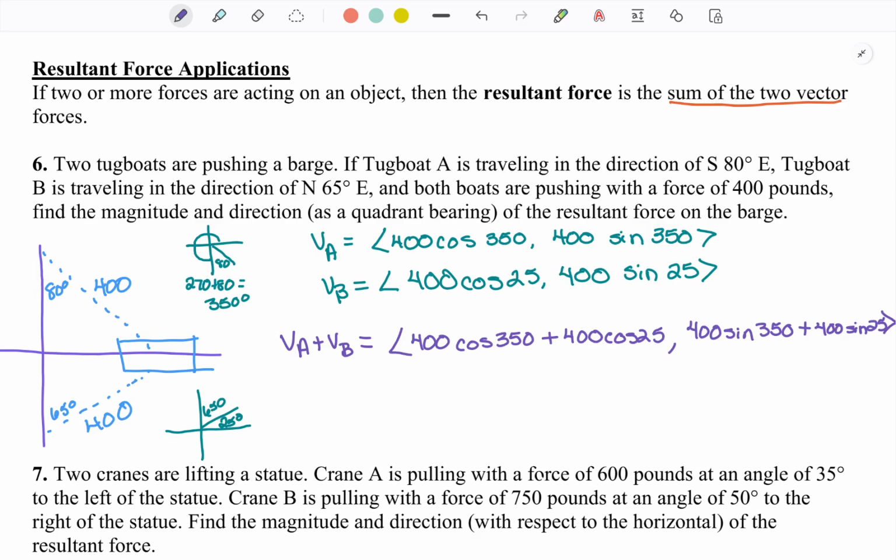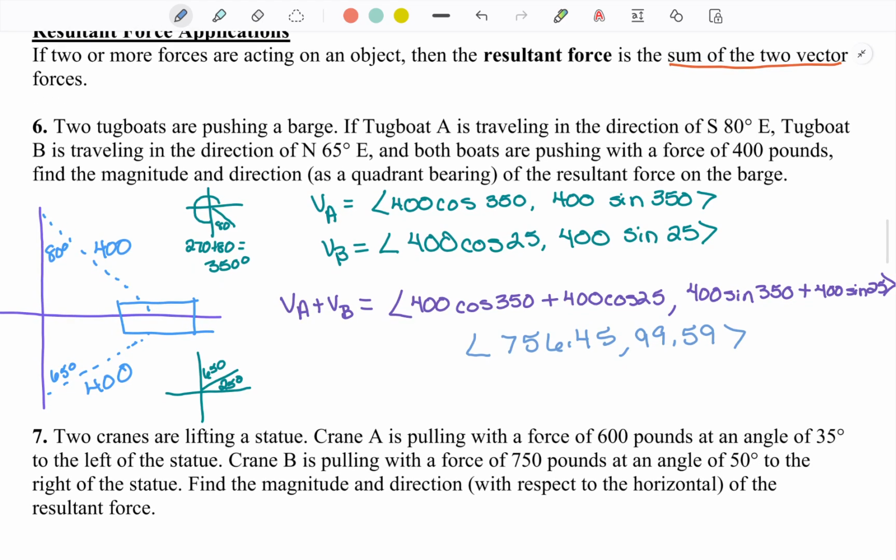Once that is in my calculator, I get 756.45 and then 99.59. So I do need to find the magnitude and the direction.